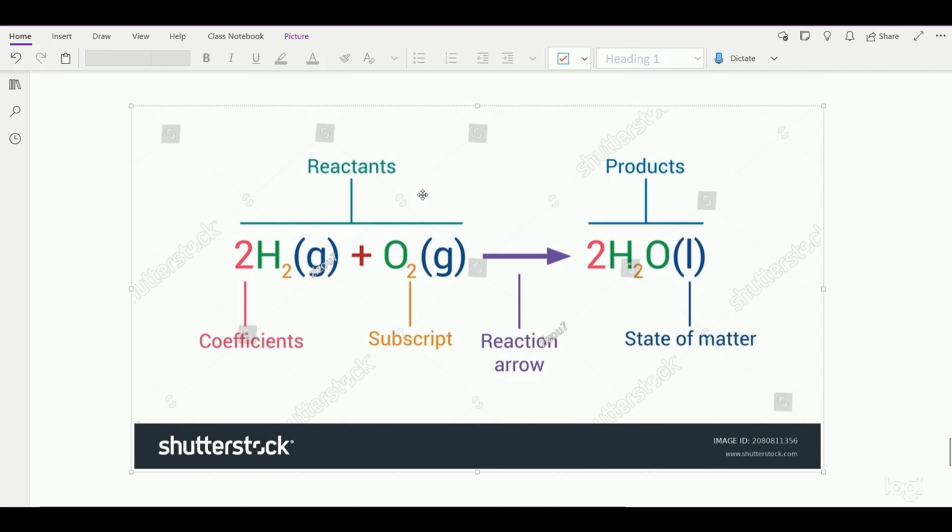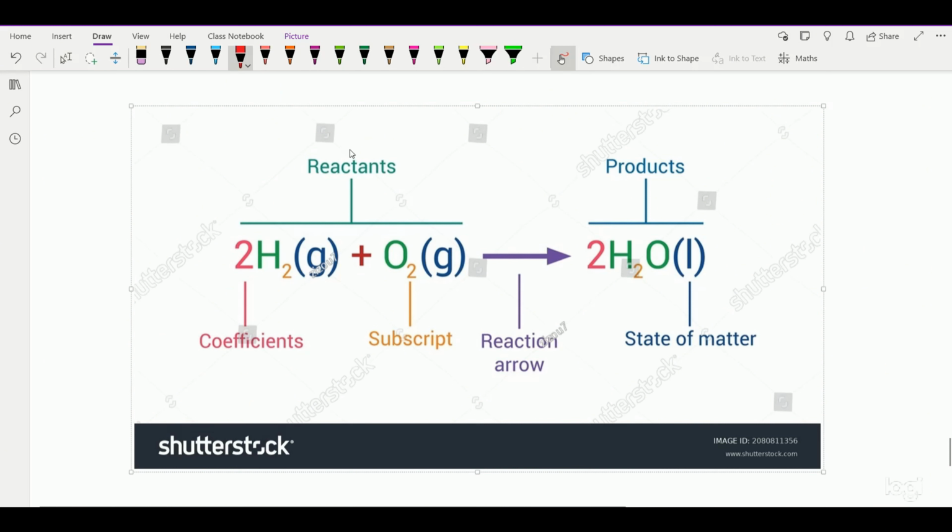The first part of a chemical equation you see here would be the reactants. The reactants are basically the chemicals that are involved in the chemical reaction itself. The reactants that you see over here are hydrogen and oxygen, and these two will ultimately react with each other.